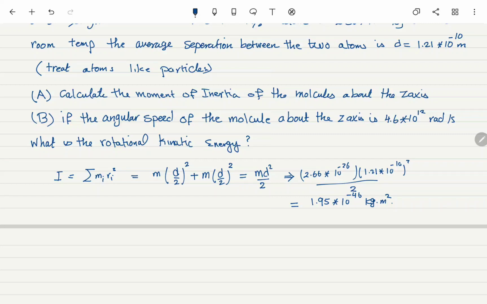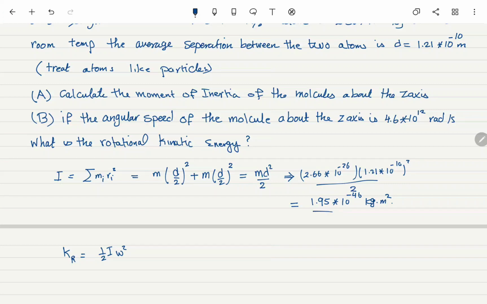Now, if the angular speed of the molecule about the z-axis is equal to 4.6 times 10 to the power 12 rad per second, the rotational kinetic energy K_r is equal to half I omega squared.